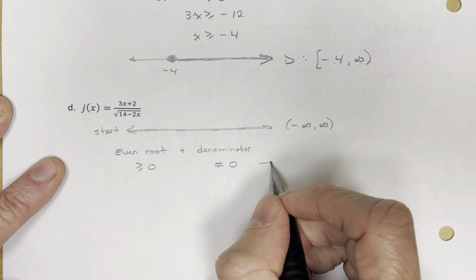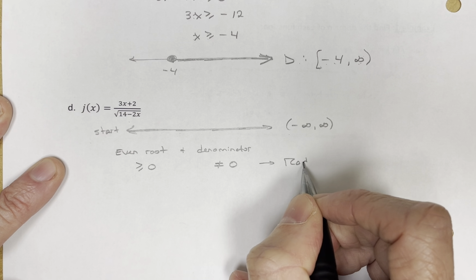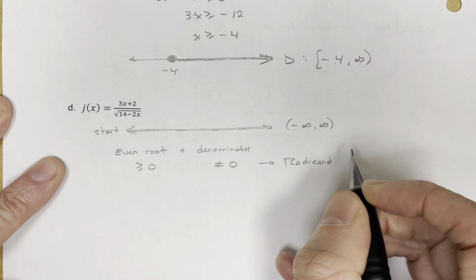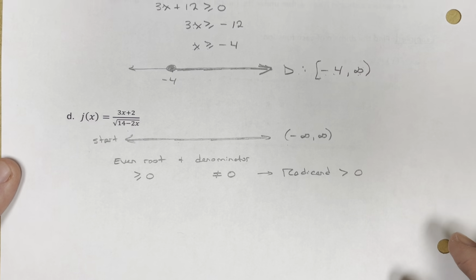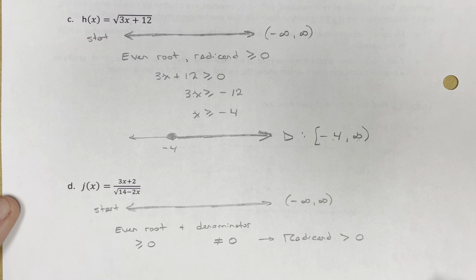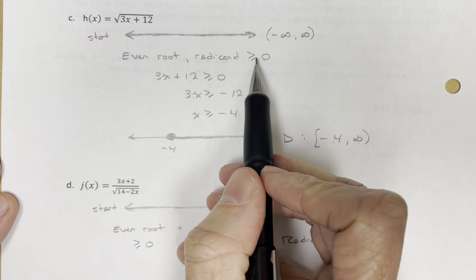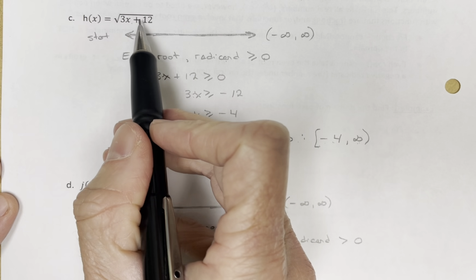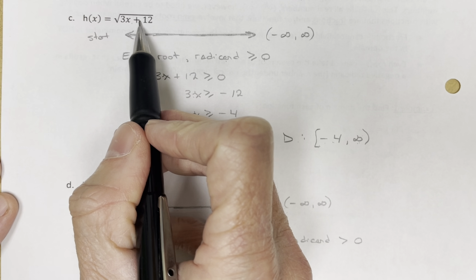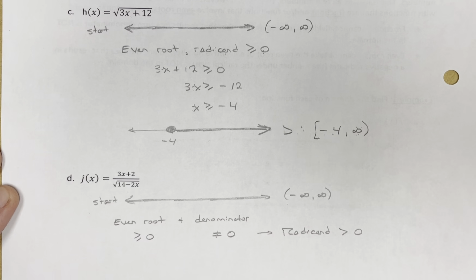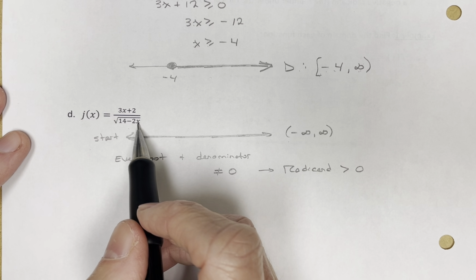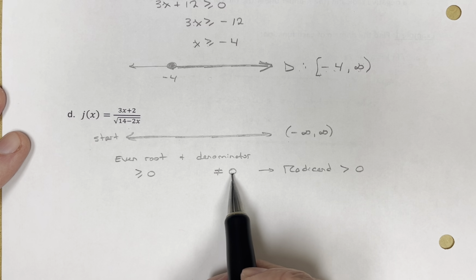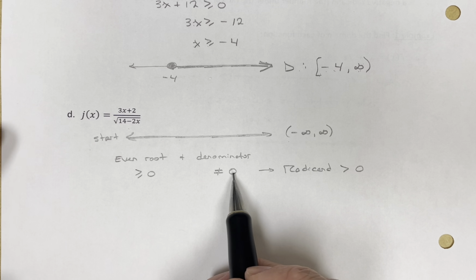So the result of this is the radicand must be positive. As we recall in example C up here, the radicand in this case could be 0, but it wasn't in a denominator. In this case, letter D, because the radicand is in the denominator, it can't be 0 because the denominator can't be 0.